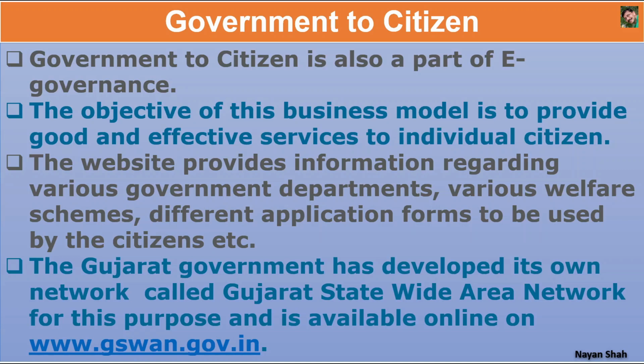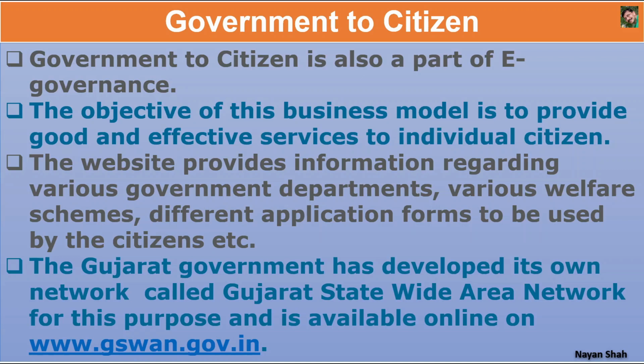So in simple terms, for example, at present if we see the CoWIN website, you can go and register yourself for vaccination. That's a G2C. You go to the anti-corruption website and register any bad experience you had in a government office, where somebody asked you for a bribe.